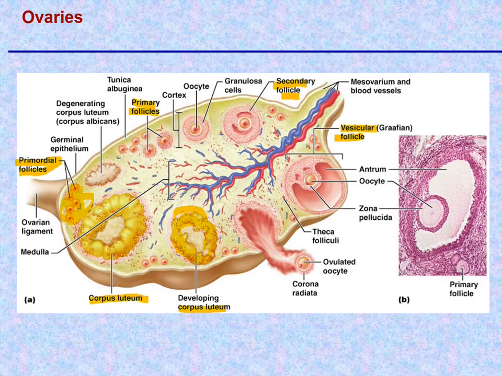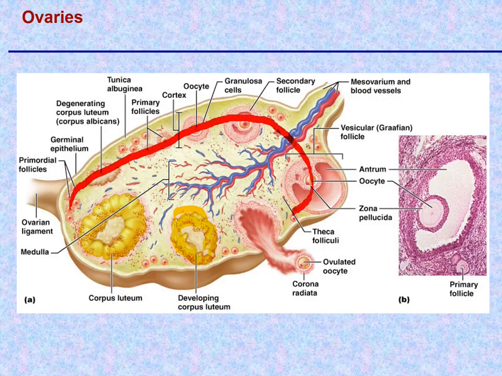Now the artist has gone around in order to show those various stages that a single primordial follicle goes through. He's shown them sequentially in an arc starting from here and drawing all the different stages all the way like that. But that's not how it actually happens.